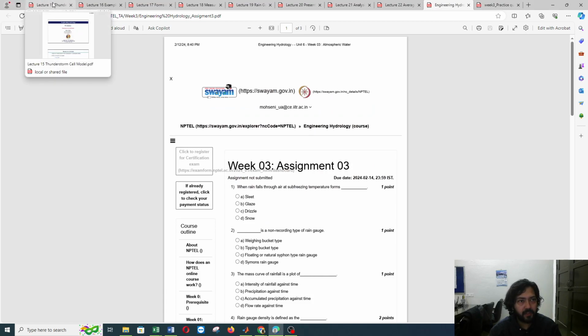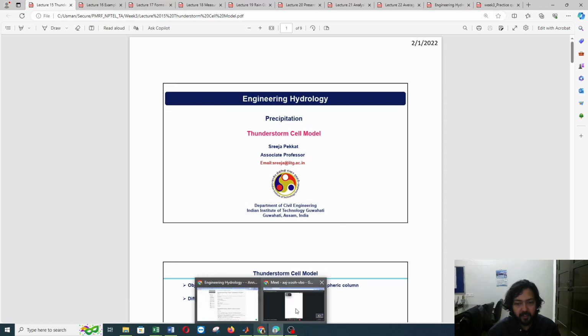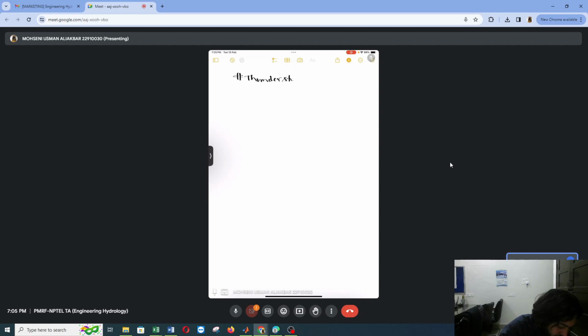We'll start with the first part, which is the thunderstorm cell model. First we should look at why there is a need for such a model, or what the purpose of the thunderstorm model is.